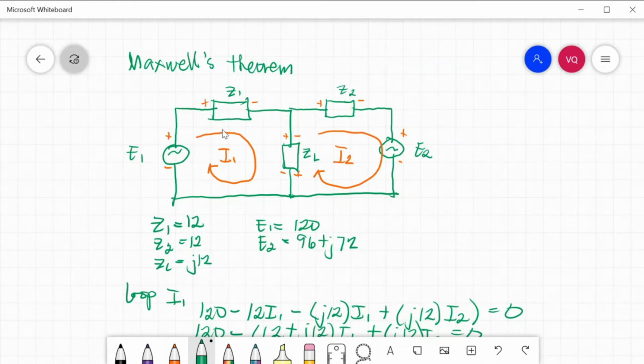So let's say this is loop I1 and this is loop I2. The only difference in our circuit from Kirchhoff's is the direction of current. In our Kirchhoff's, the direction of current I2 is to the left, but the direction of currents in our Maxwell's theorem is to the right.